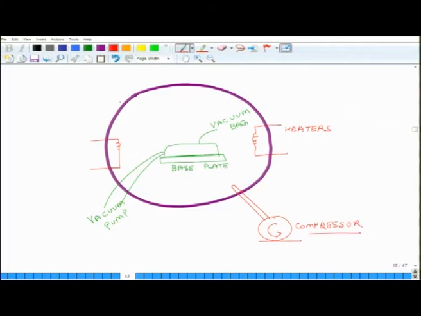What this compressor does is it maintains the pressure in the chamber at a high level. You also have a vacuum bag which is connected to a vacuum pump. Inside this vacuum bag we have the entire layup of the product. So this entire vacuum bag with the base plate is sitting in the autoclave, heat is coming from the heaters, pressure is coming because of compressors.